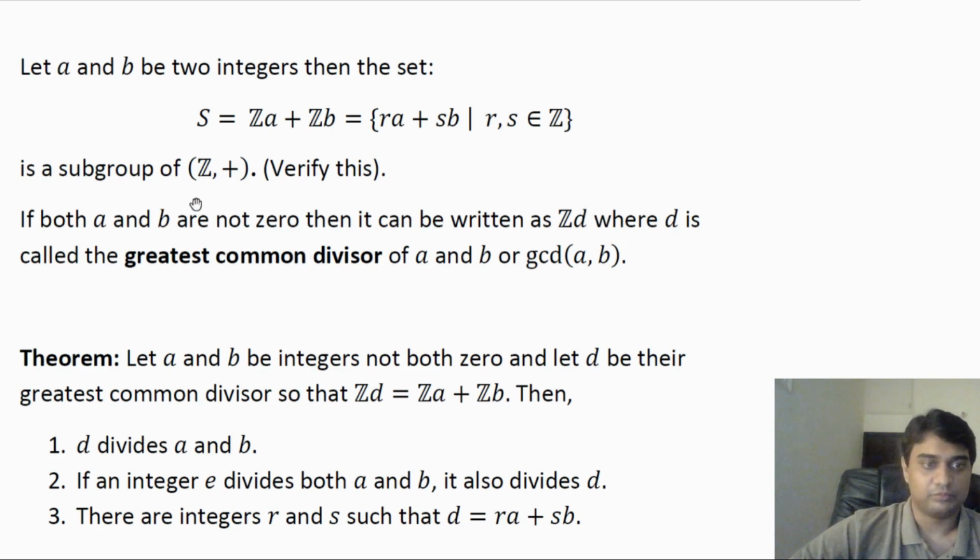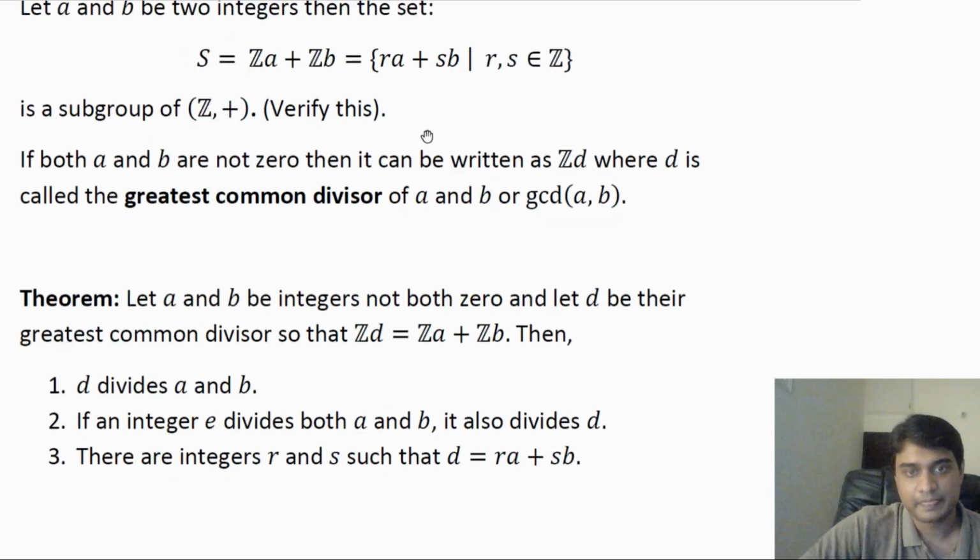So if A and B are not both zero, this set ZA plus ZB cannot be the trivial subgroup, since either A is non-zero or B is non-zero. So it contains a non-zero element, so it is not a trivial subgroup. Therefore, it has to be of the form Z times D, where D is the smallest positive integer of this set, and this D we call the greatest common divisor of A and B, or GCD of A and B.